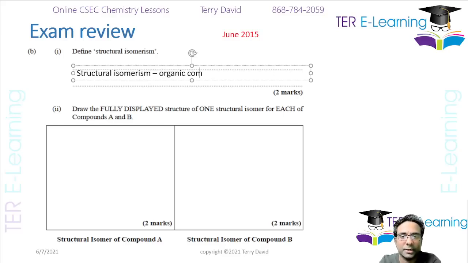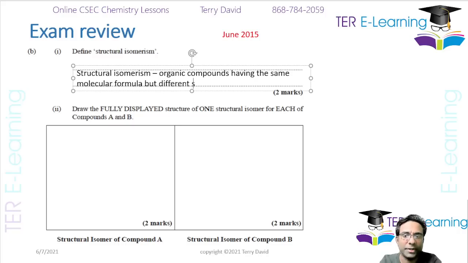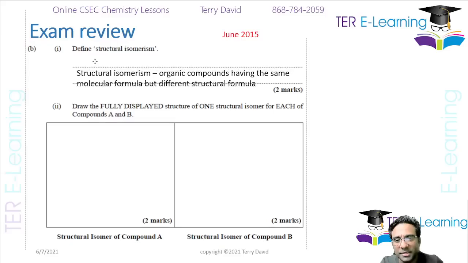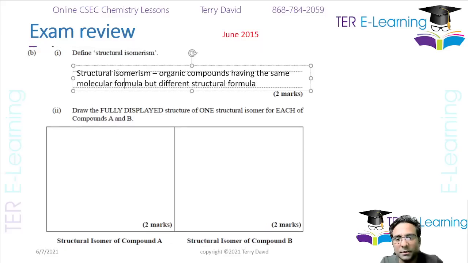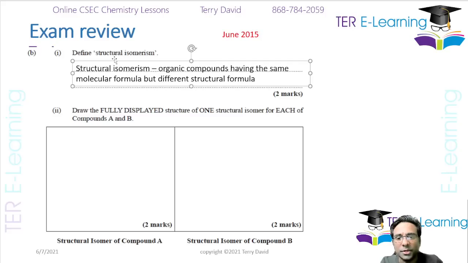Organic compounds having the same molecular formula but different structural formula, right? So that is what structural isomerism is, right guys? So I'm sure we're going to encounter this question several times, so I'm going to keep it here so we can just copy, right? So this is what structural isomers are. They have the same molecular formula but different structural formula.